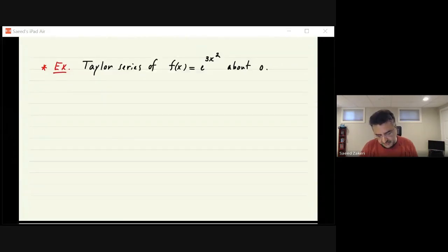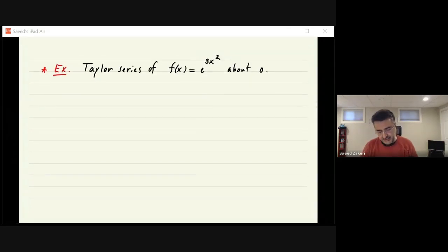So let me explain this idea in this first example. Taylor series of e to the 3x squared at 0. In other words, I want to find the Maclaurin series of e to the 3x squared. Method number 1, the wrong method.